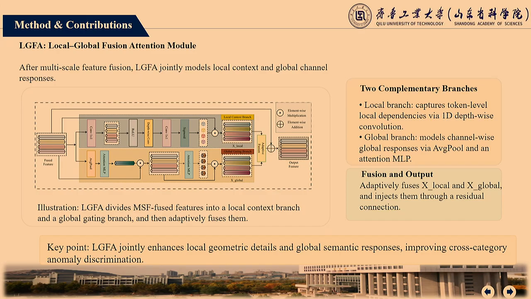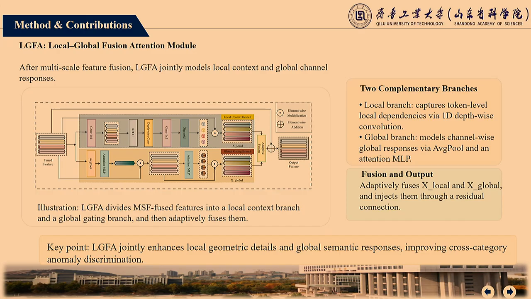This helps the model focus on local geometric changes, such as cracks, stains, or local protrusions. The second one is the global branch, which uses average pooling and an attention MLP to model channel-level global response. This allows the model to determine whether a local geometric change is truly anomalous by considering the global context.